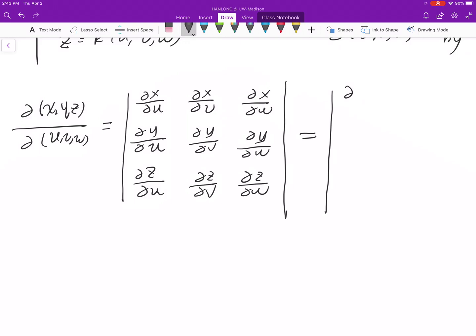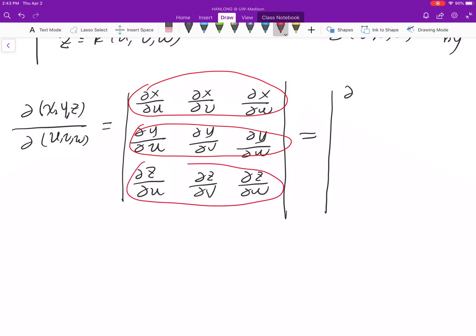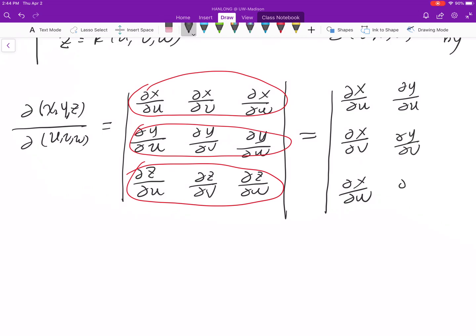If you look at this, you keep x in each row, but you can also do it the reverse way and keep x in each column: partial x partial u, partial x partial v, partial x partial w, partial y partial u, partial y partial v, partial y partial w, partial z partial u, partial z partial v, partial z partial w.